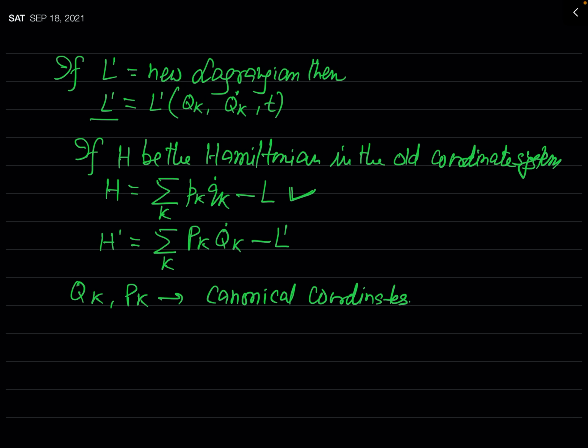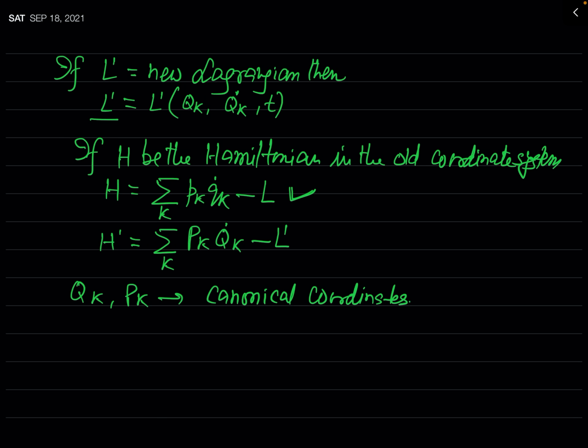It means this small qk and small pk are actually changed to capital Qk and capital Pk in the canonical transformation. But this transformation will be called canonical only when the form of Hamilton's canonical equations of motion does not change. Then you say that such a transformation is a canonical transformation.